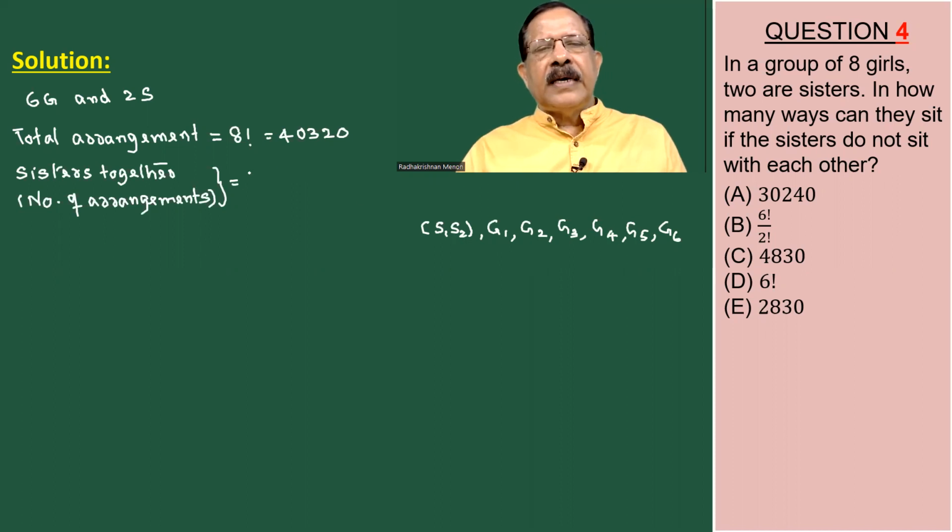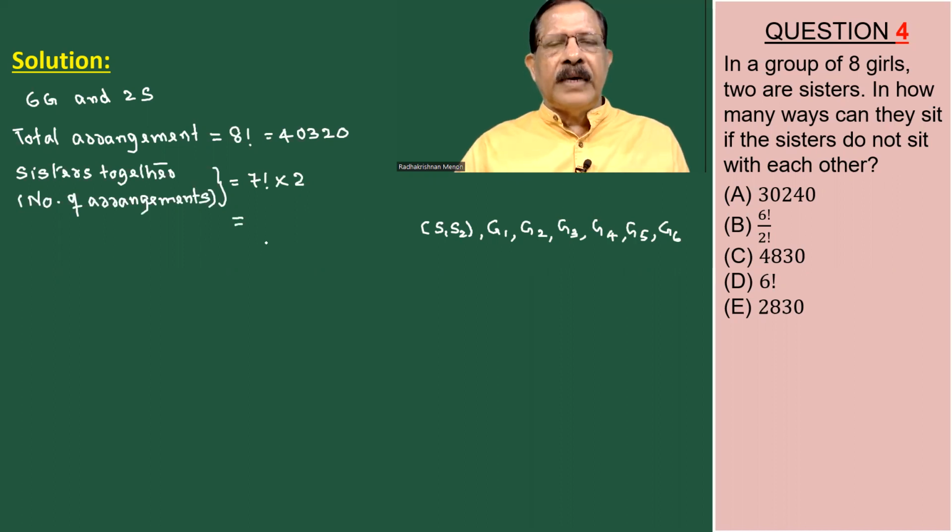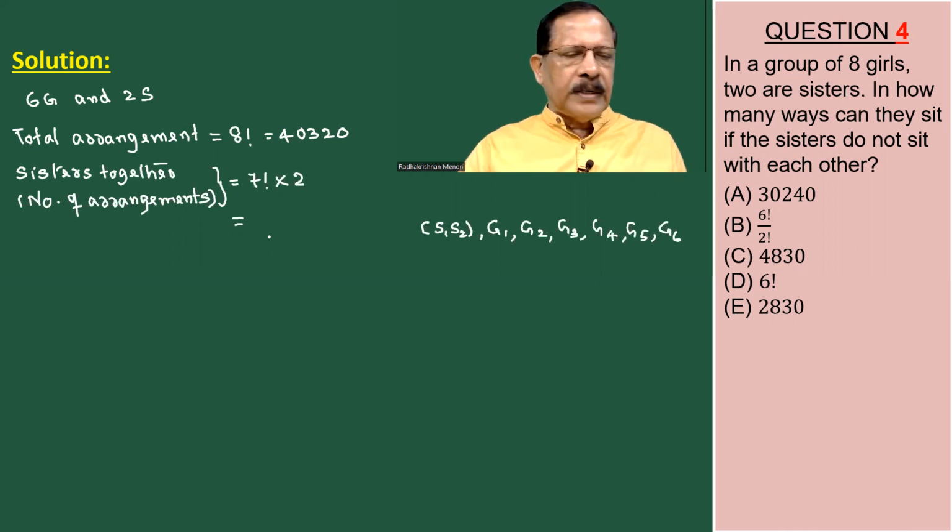These 7 units can be arranged in 7 factorial ways in a row, and the sisters amongst themselves can be arranged in 2 factorial, or 2 ways. So 7 factorial into 2 is the number of arrangements in which sisters are together. When you simplify, you get 10080.